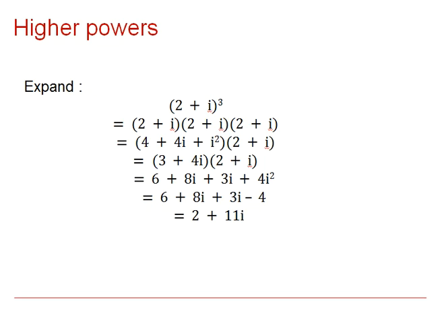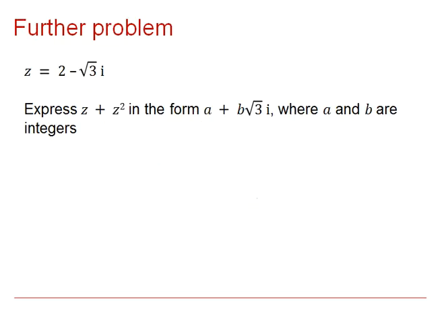In this case, we've multiplied the first and second bracket to form that first quadratic. However, i squared, of course, is minus 1, so that reduces down to 3 plus 4i, and then they've post-multiplied by 2 plus i. If you had decided to multiply the second and third bracket together first, then you would have ended up pre-multiplying by 2 plus i.